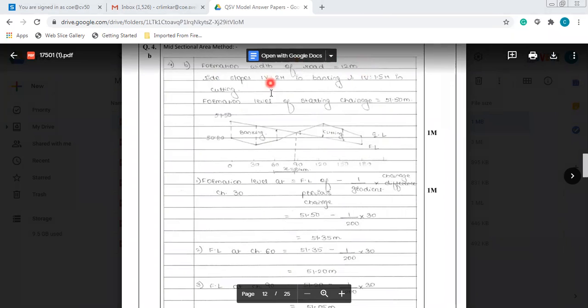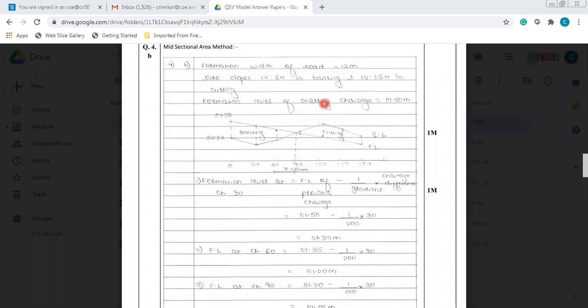Side slope is 1 in vertical and 2 in horizontal in banking, and 1 in vertical and 1.5 in horizontal in cutting section. And the first FL, that is FL of the starting chainage, they have mentioned as 51.50 meters.